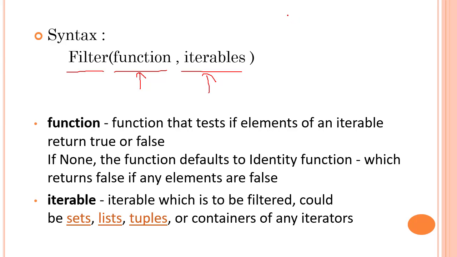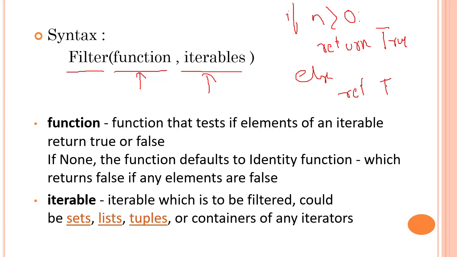Let's say you have written a function: if n is greater than 0, then return true, else return false. If None, the function defaults to the identity function, which returns false if any elements are false.